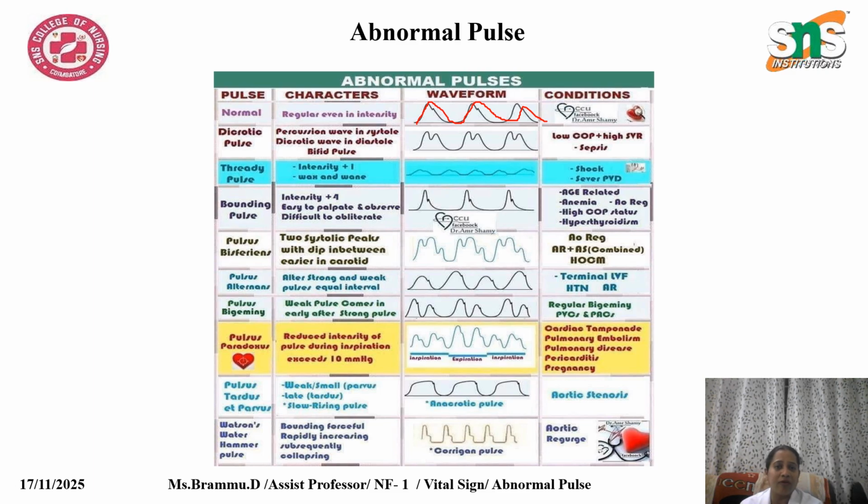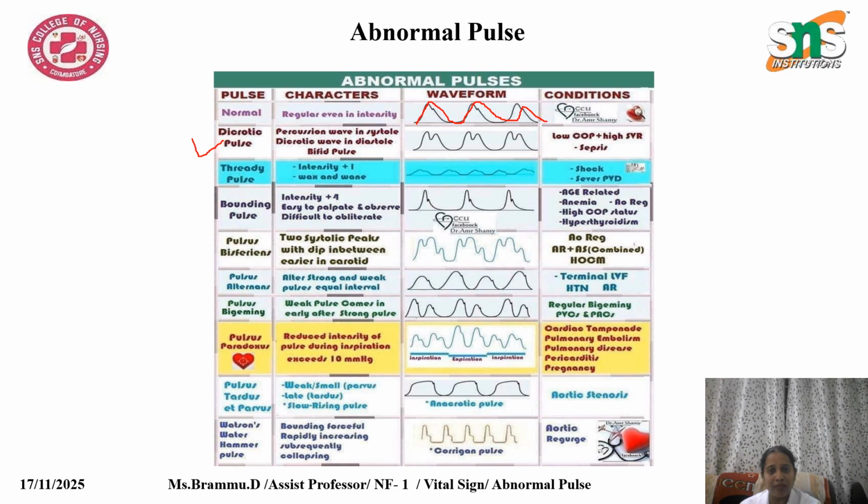The next type of abnormal pulse is the dicrotic pulse. In this waveform, there is a small dip in between each beat, and you can see a big low amplitude which goes down, and again you have two beats. So the character of the pulse is that in the systole there is a percussion wave, and there is a dicrotic wave in the diastole.